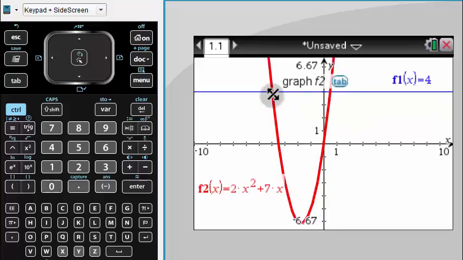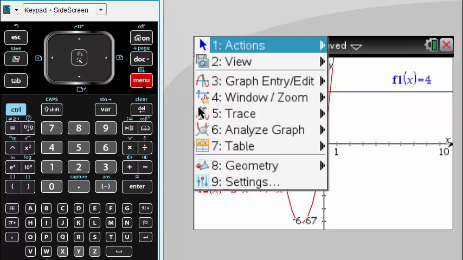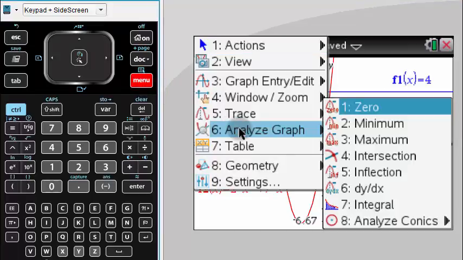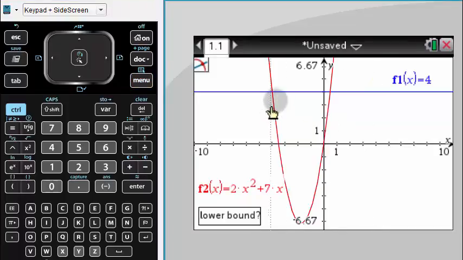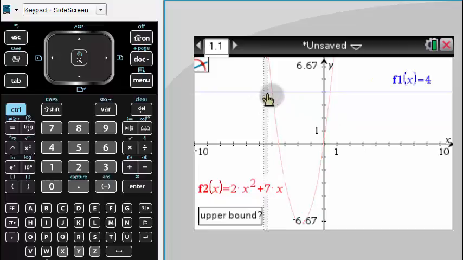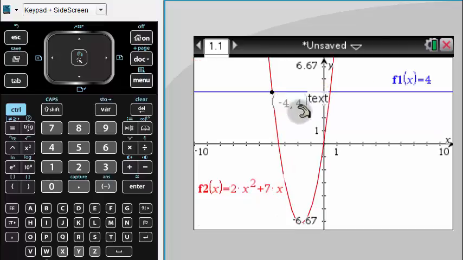Everything looks pretty. Now we want to find these critical values where the blue line crosses the red curve. So we go to Menu, Analyze Graph, and Intersection. We go left of this point, click our center keypad, scroll to the right, and we get our critical value there.